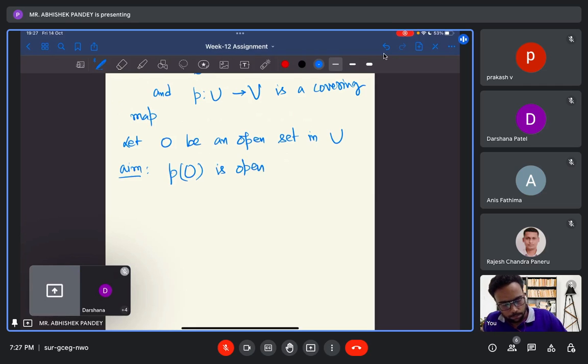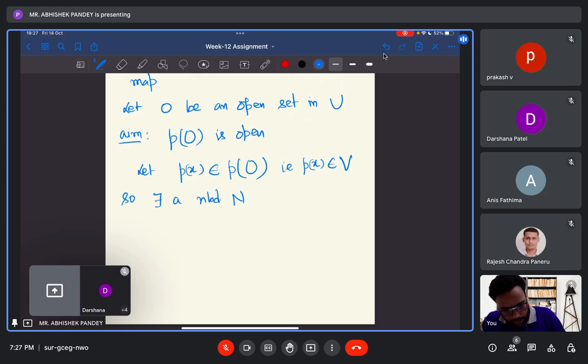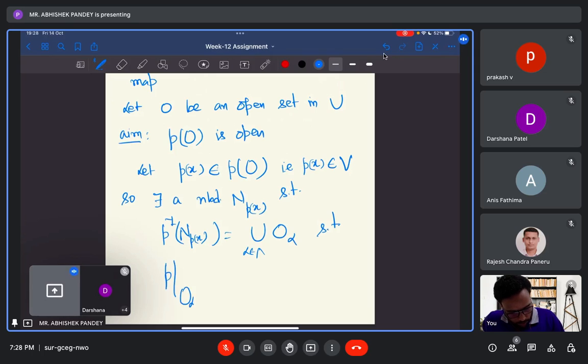So let p of x belong to p of O. That is, p of x also belongs to V. So by the definition, there is a neighborhood, say N of p x, such that p inverse of N of p x is basically the union of O alpha, alpha in some index set, such that p restricted over O alpha, from O alpha to N of p x, is a homeomorphism.